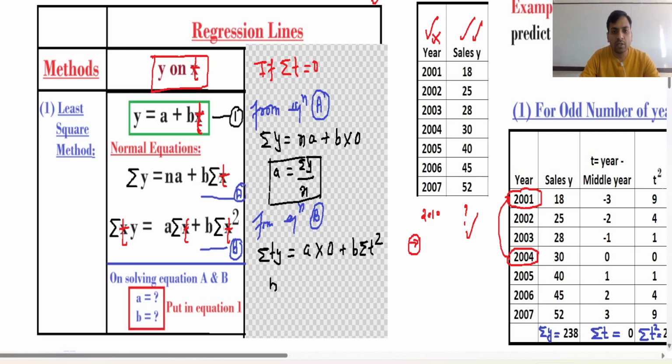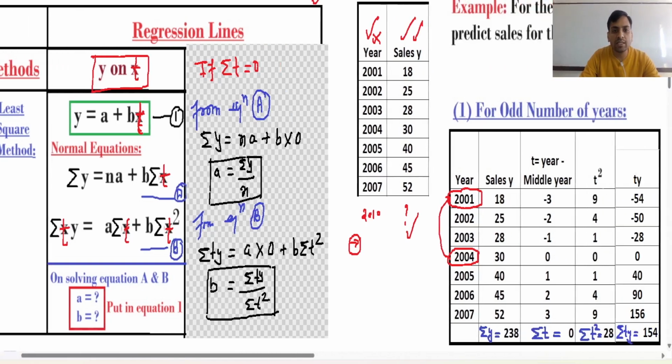So now this gives b equals summation ty upon summation t square. This is the value of b. Now after getting the value of a and b, we can find this equation y is equal to a plus bt.